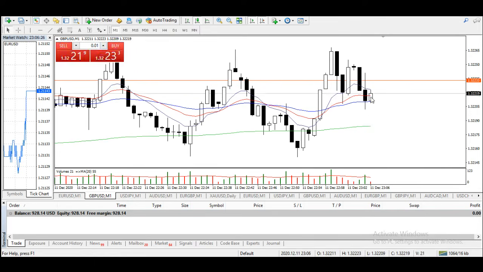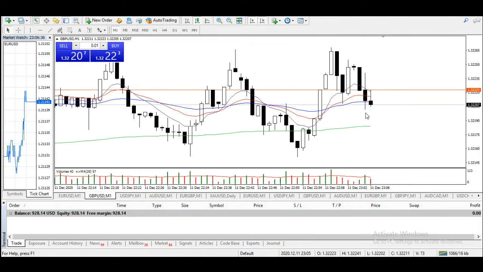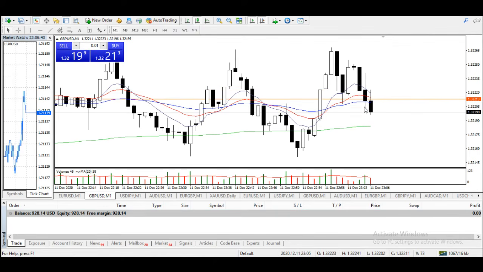So instead of waiting for this up and return down to EMA 200, if you have experience, you close here with this little distance from EMA. Okay, so you don't win this little distance, and you give yourself the opportunity that price goes up again to double your profits.